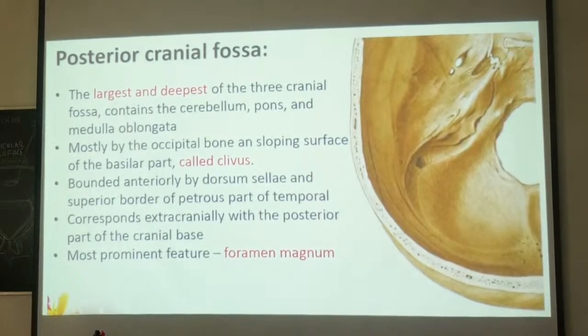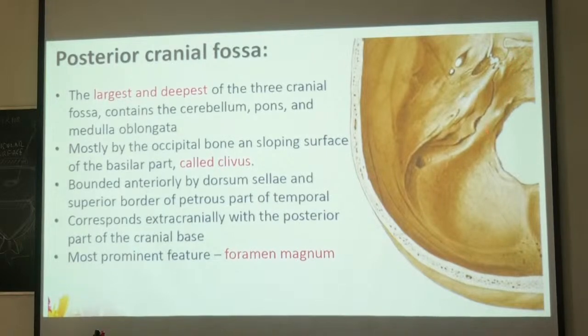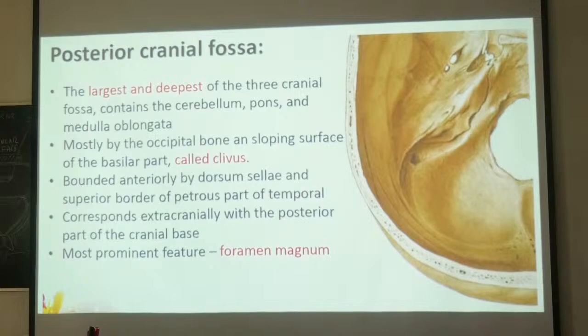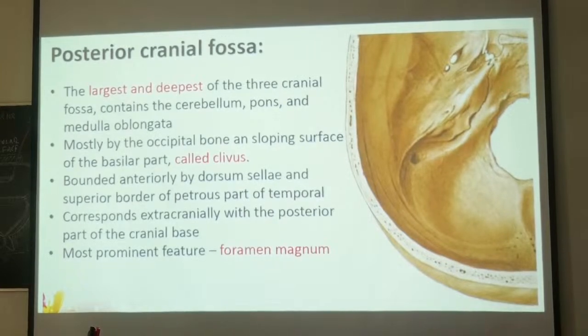Here, this depression over the clivus, this part is known as the clivus, formed by the basiocciput and basisphenoid. This part lodges the brainstem, midbrain, pons and medulla from above downwards. It is mostly formed by the occipital bone, the sloping surface of the basilar part is called the clivus, over which lies the brainstem part, mainly pons and medulla oblongata.